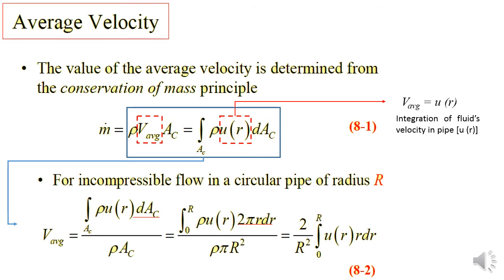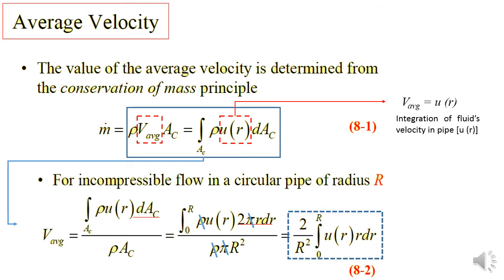From this, we can convert Ac into pi r squared. From the conversion, we can remove the same parameters, which are rho and pi, and then we get the equation of 2 over R squared, integration from 0 to R of u as a function of r dr.